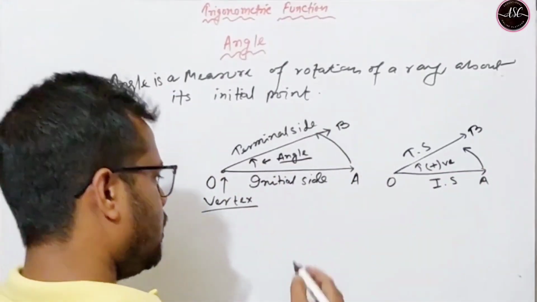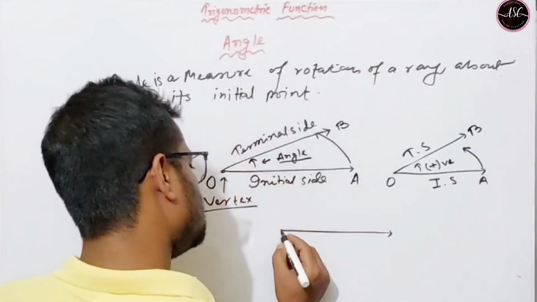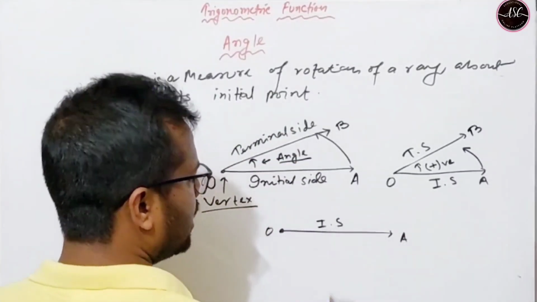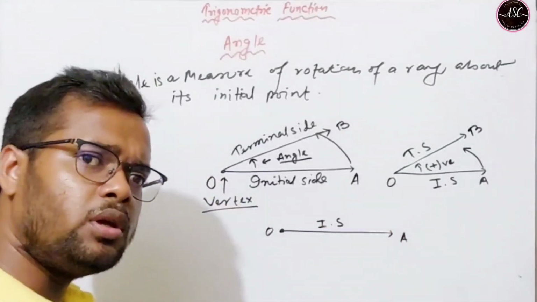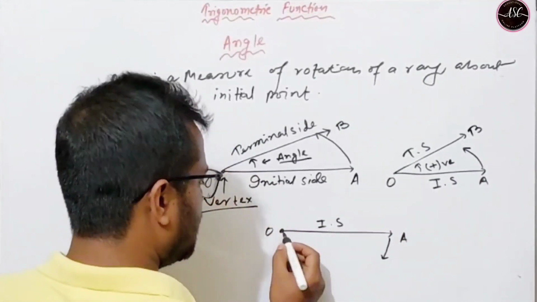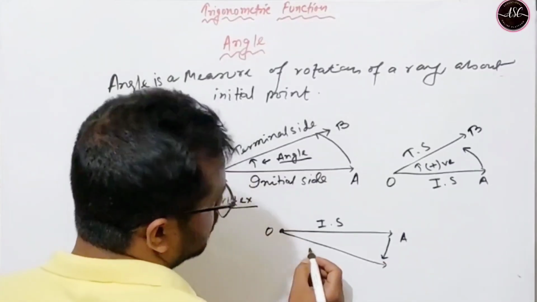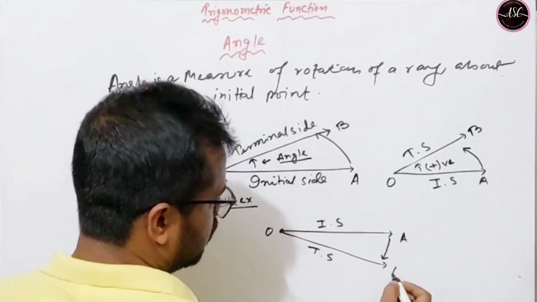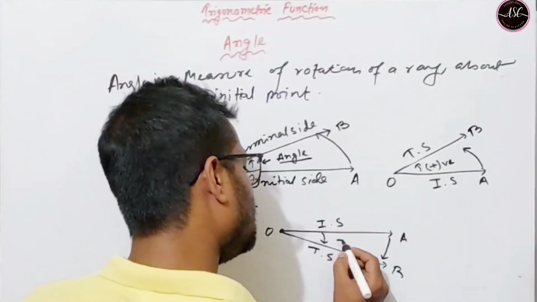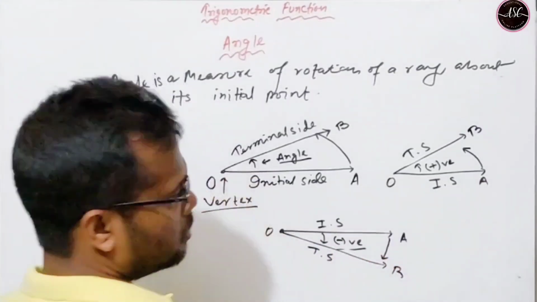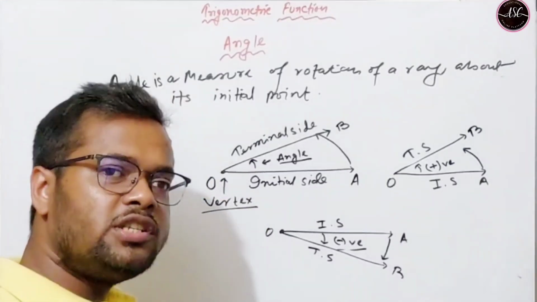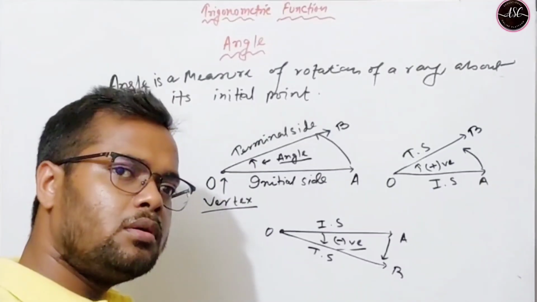If a ray, that means ray OA, this is the initial side, and this ray is rotating clockwise, that means in this way, and the final position or terminal side is OB, then the angle will be negative. This is clear. We have learned about the positive angle and negative angle.